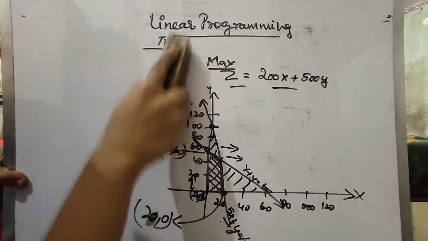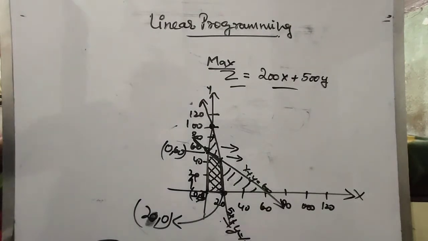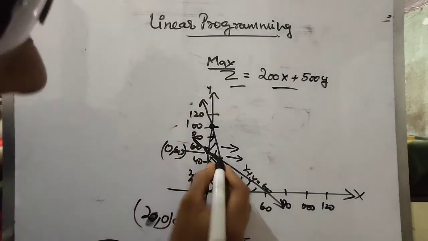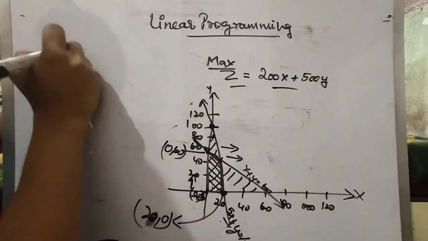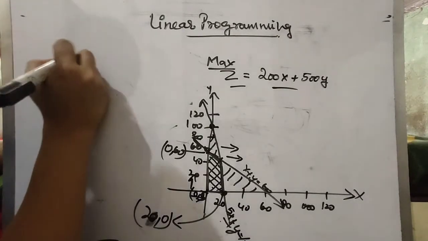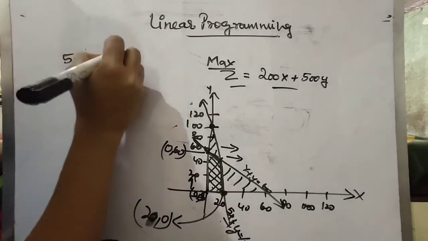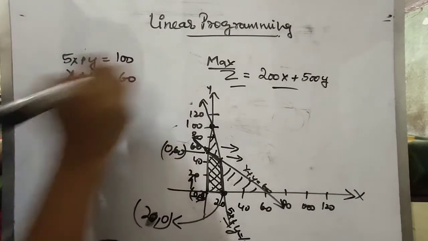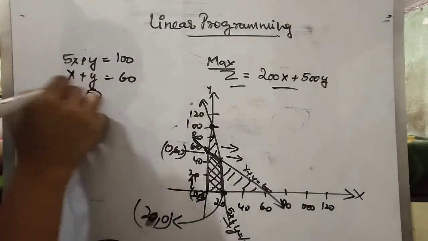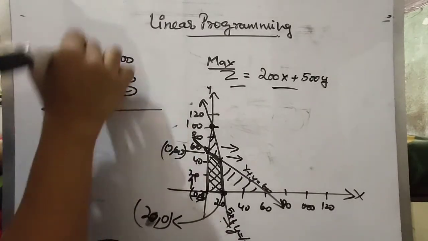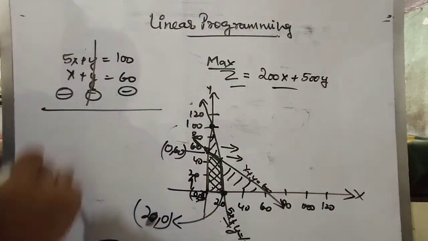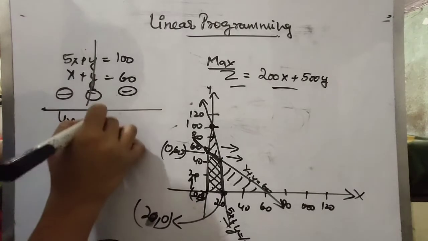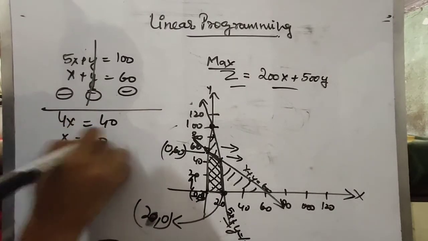Okay, so now coming to the point, just look at this. Here we have the first equation, that is 5x plus y equal to 100, and the other one is x plus y equal to 60. I'll simply subtract these two, because you can see y and y are equal. So 4x equals 40, and x becomes 10.